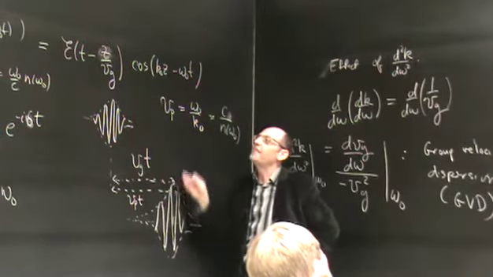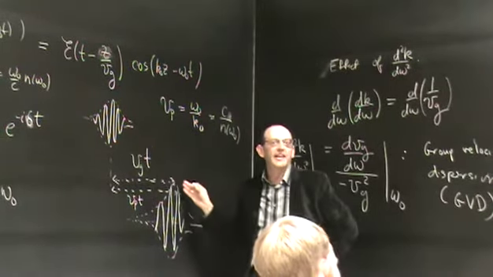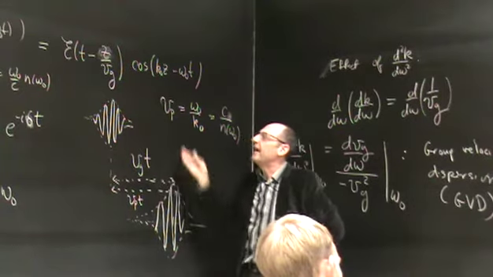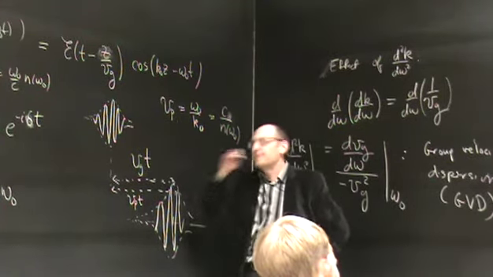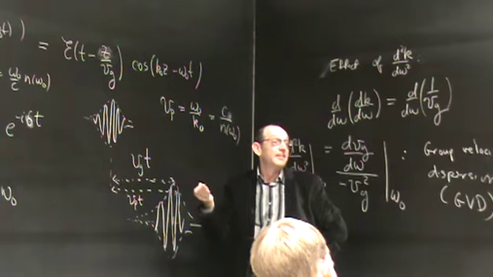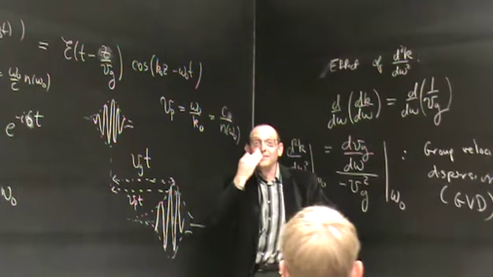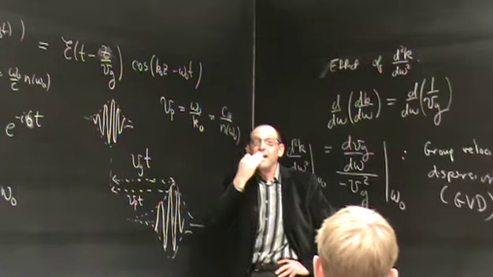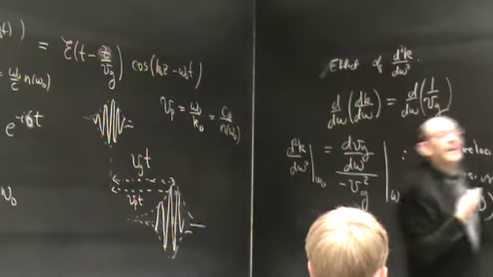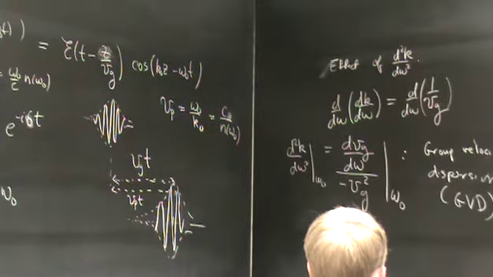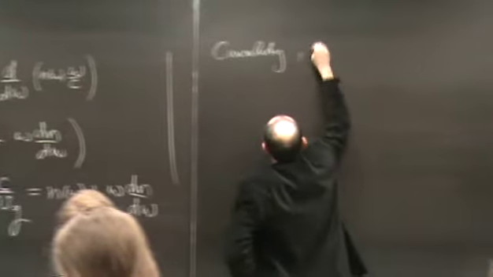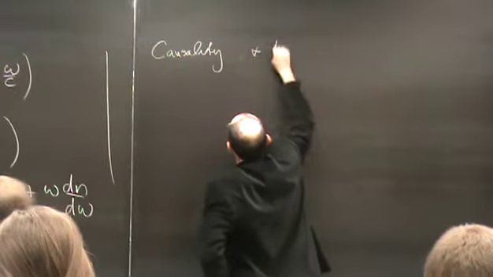How do we talk about information and the causality associated with being able to transmit information within the constraints of Einstein causality? And that's the topic that we want to take up now. The relationship between causality and material response.